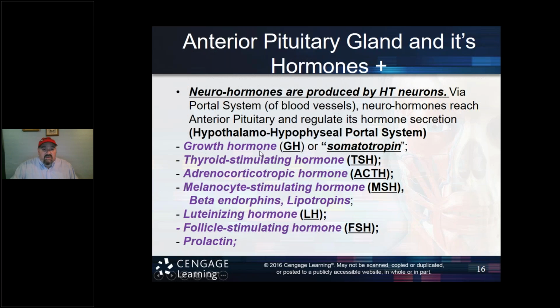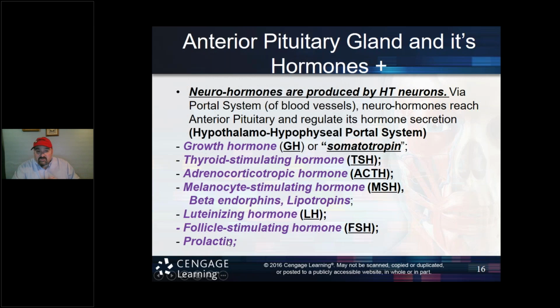You'll see somatotropin, the term for growth hormone. Remember we said somatostatin, growth hormone inhibiting hormone, GHIH. So GH, thyroid stimulating hormone, adrenocorticotropic hormone, melanocyte stimulating hormone, MSH, beta endorphins and lipotropins, luteinizing hormone, follicle stimulating hormone, prolactin.